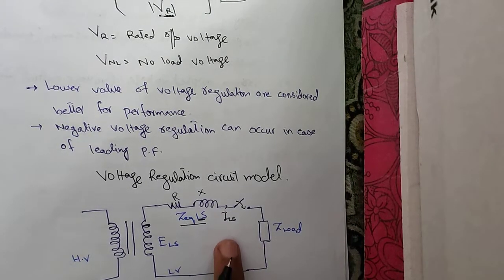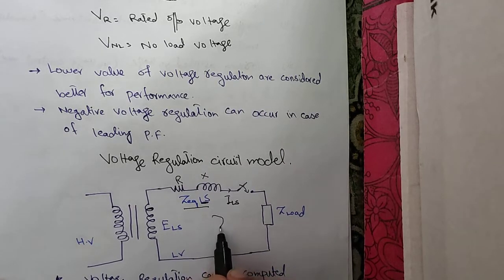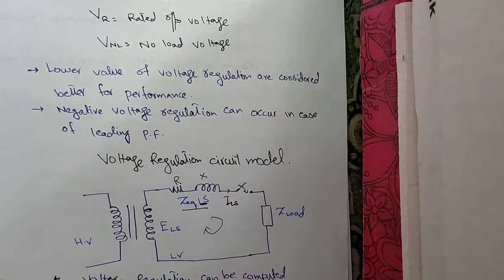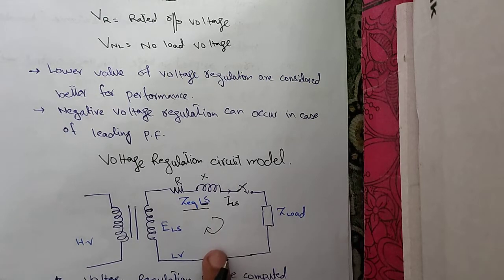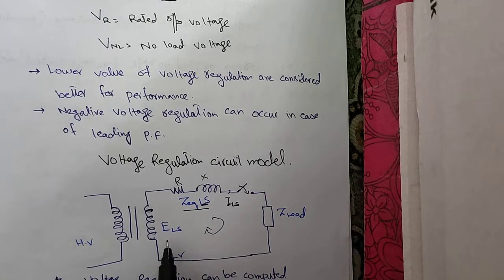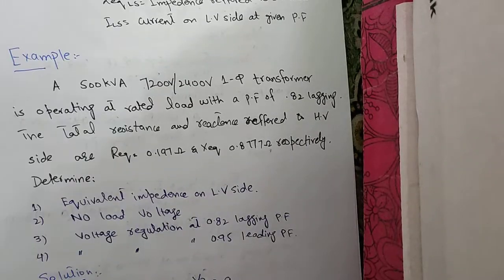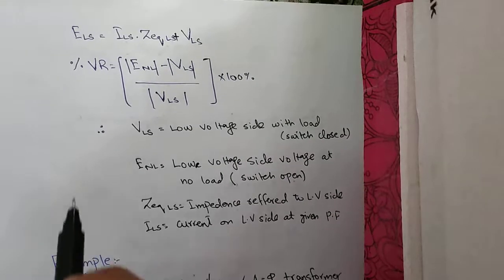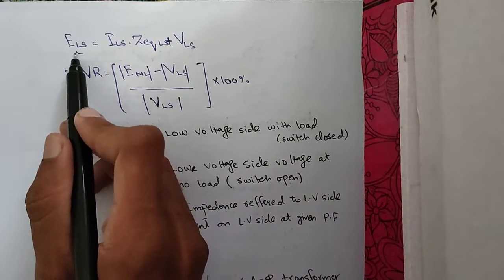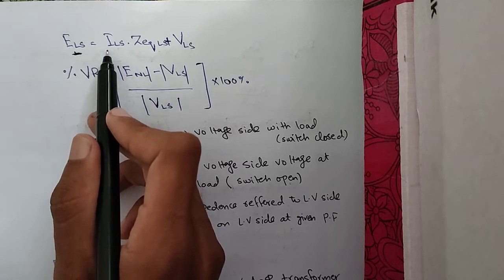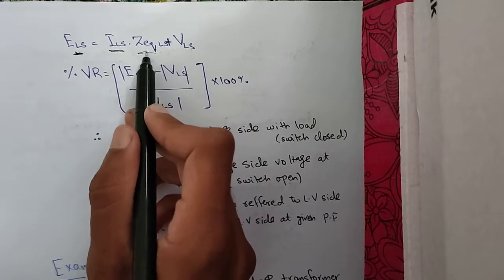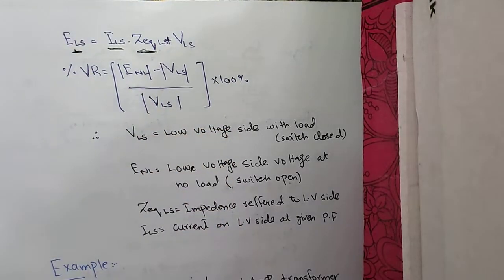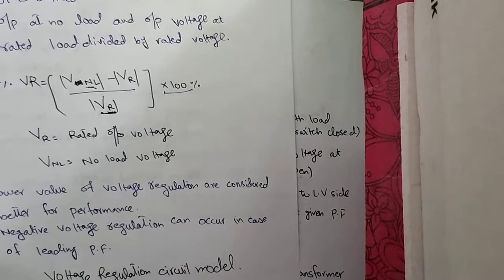After closing this switch, now apply Ohm's law here. You will see the output voltage on load will become ELS is equal to ILS into Z equivalent plus VLS. Now what is ILS?